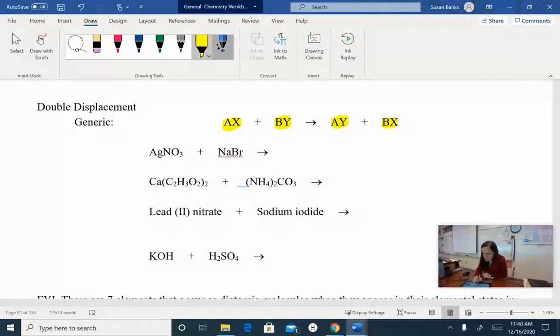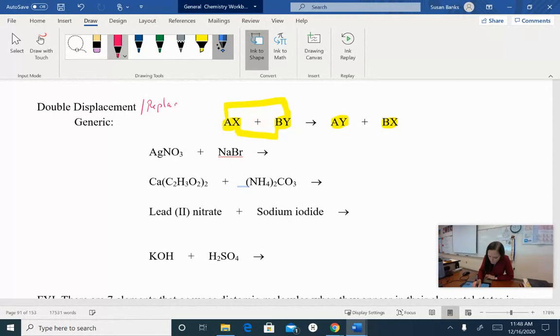So very much so, we will have this pattern where we have A getting together with Y and B getting together with X. That is the pattern of double displacement. Sometimes it's called double replacement. Okay, and in a really old textbook, you will sometimes see it called metathesis.